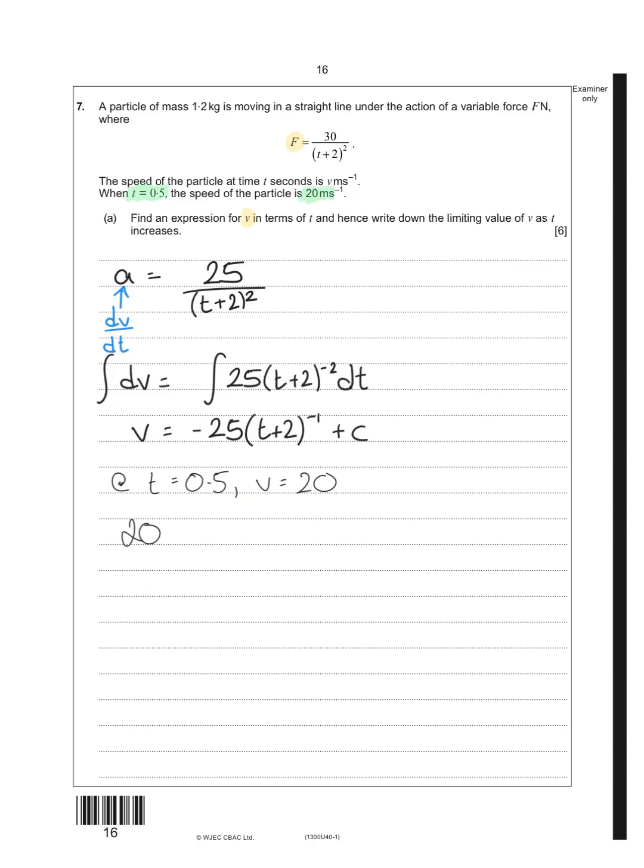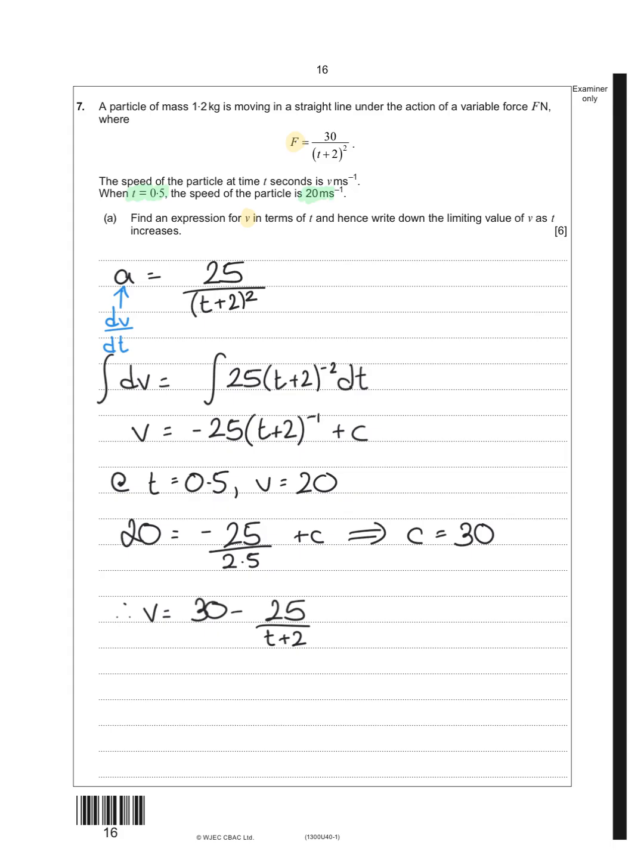So I'm going to have 20 equal to minus 25 over 0.5 plus 2, which is 2.5, plus c. That bit there is 10, so that's going to give me c equals 30. Therefore v equals 30 minus 25 over t plus 2.